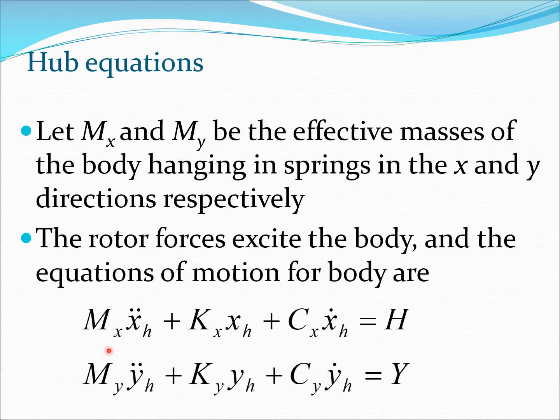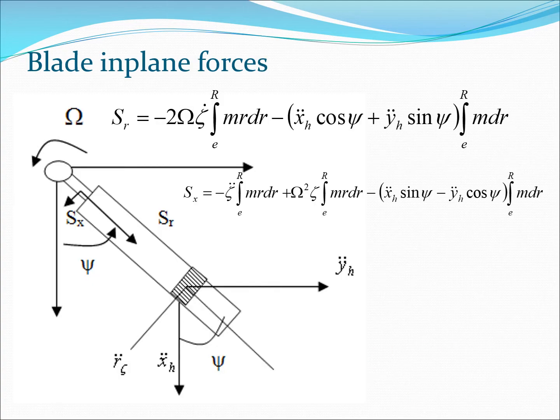So we have mx xh double dot plus kx xh plus cx xh dot is H, where H is the rotor force in the xh direction. Similarly, we have the second equation in terms of yh, and again Y is the rotor force in the y direction. So these two equations are important, and we are now going to look more closely at some of the remaining terms here, which are H and Y.